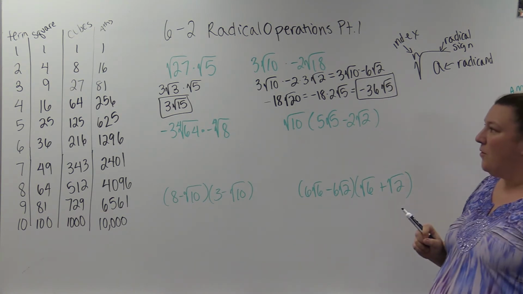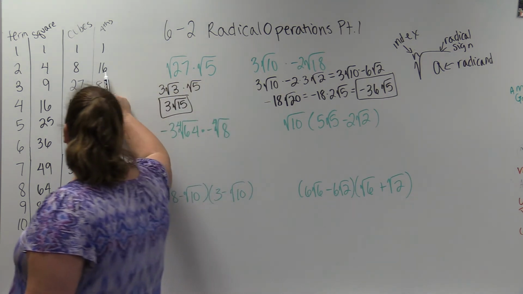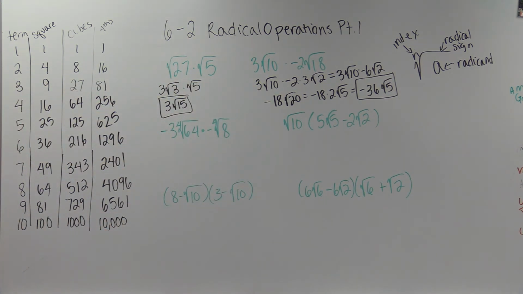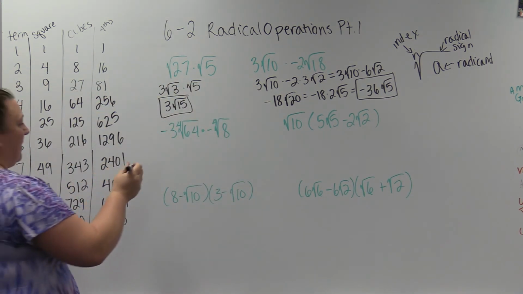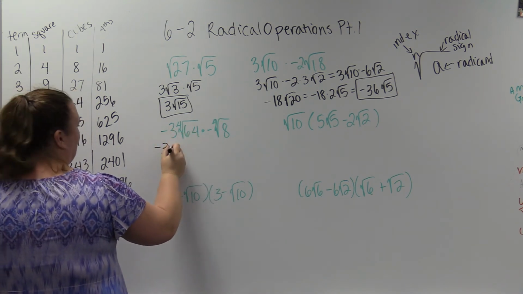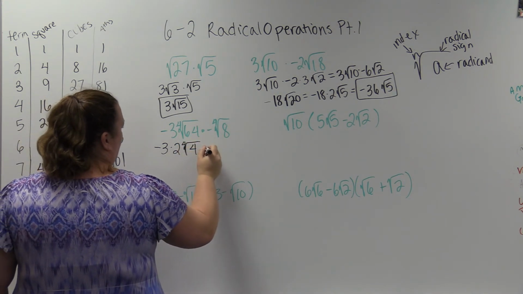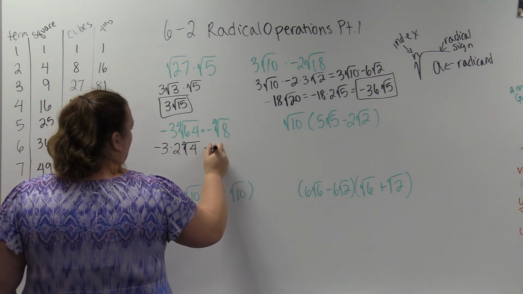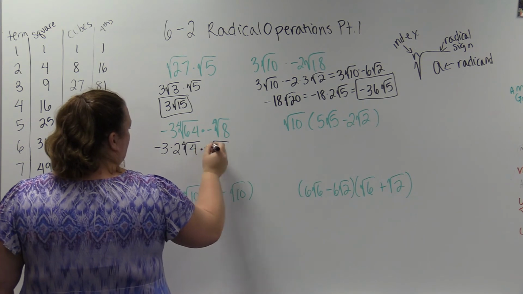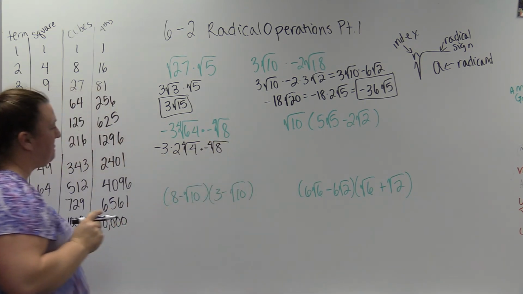Now, we're going to talk about fourth roots. 64 is 16 times 4. So I have negative 3. The fourth root of 16 is 2. Fourth roots of 4 minus, this is times a minus 4 and 8.